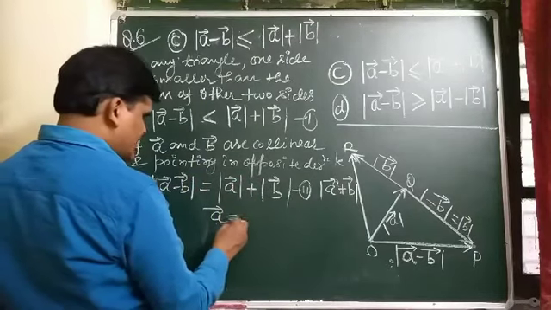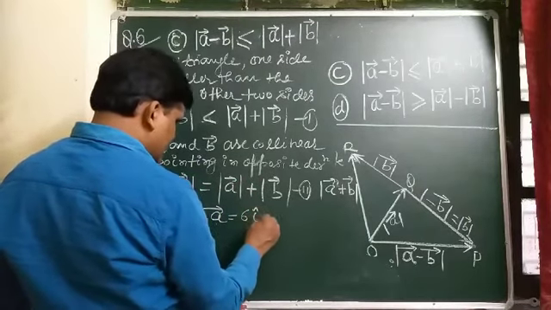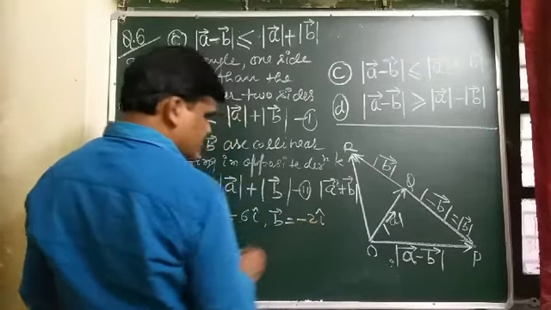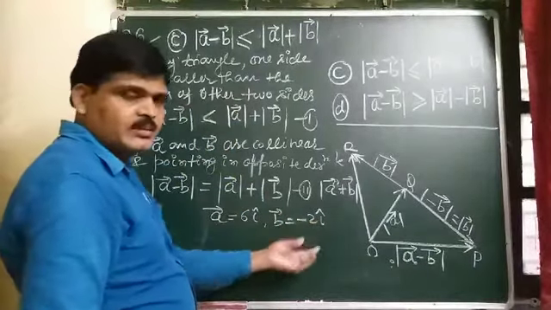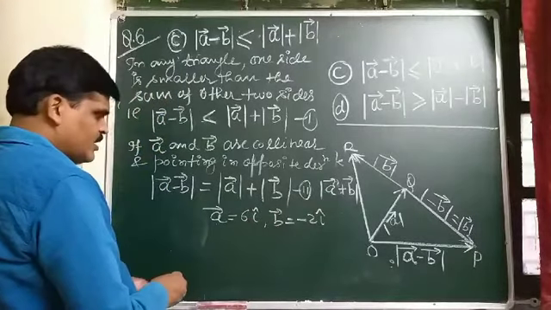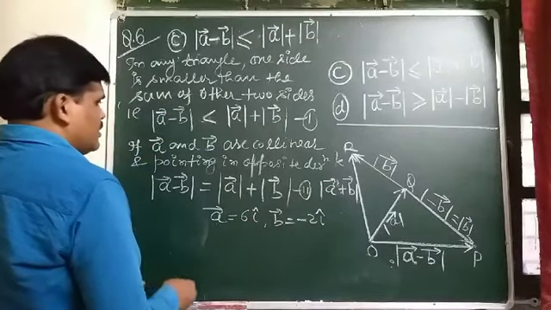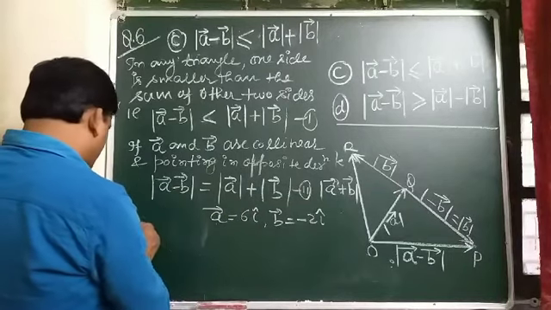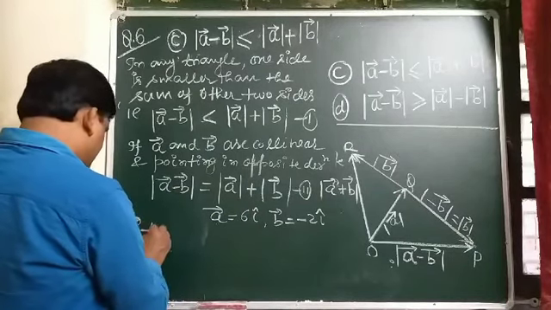Suppose vector A is 6i, vector B is minus 2i, positive x axis, negative x axis, collinear, acting in opposite direction.